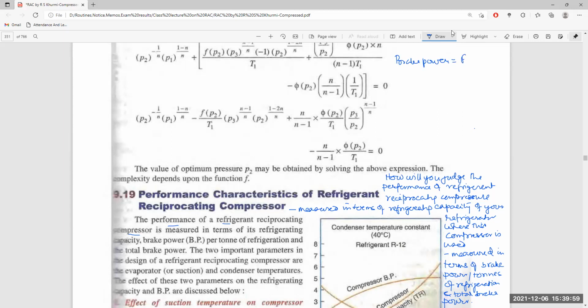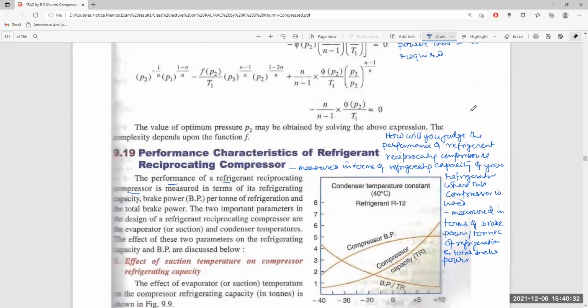Here for compression, it is the input power that is required. So in terms of the input power per tonnage of compression, the total input power which is received is called brake power. These two important factors are the important parameters for judging the performance or the design of the refrigerating compressor system.